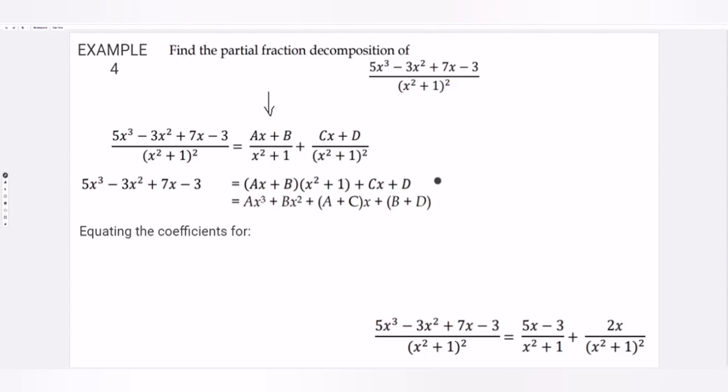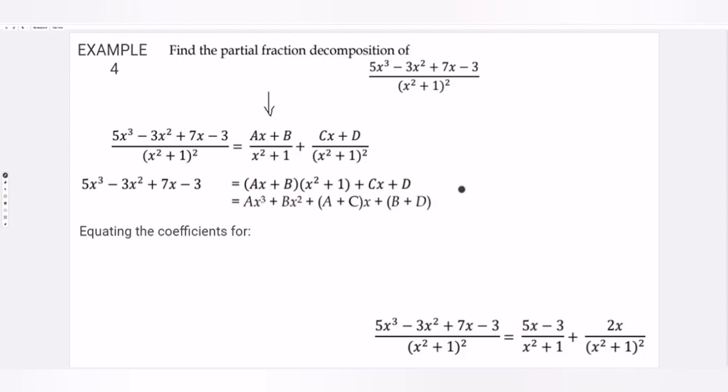After that, we need to expand them, so let's use the distributive property. ax times x squared is ax cubed, ax times 1 is a x, b times x squared is b x squared, and b times 1 is b.